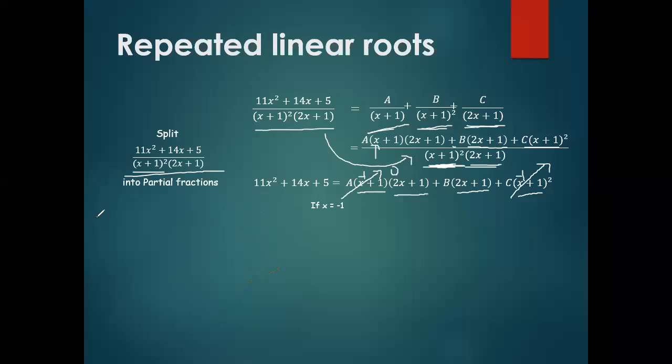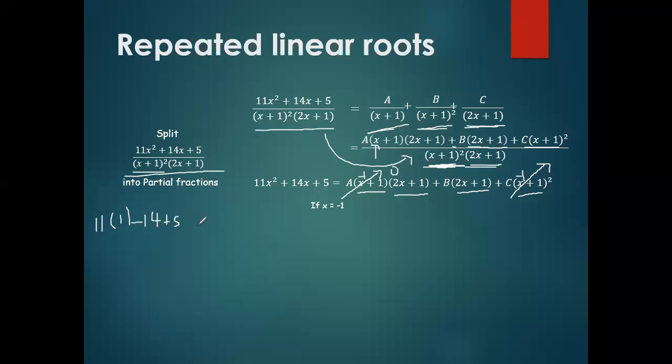Okay, so then it means that we'll get 11. Let me write by the side. 11 times negative 1 squared will be 11, plus 14 times minus 1 will be minus 14, plus 5. Okay.